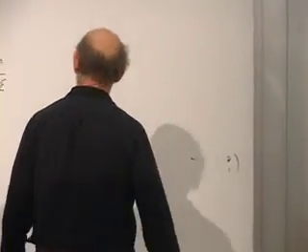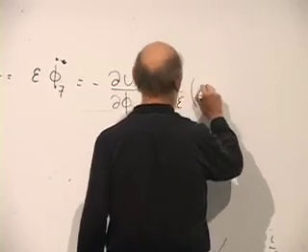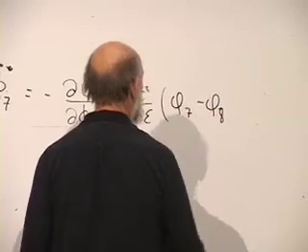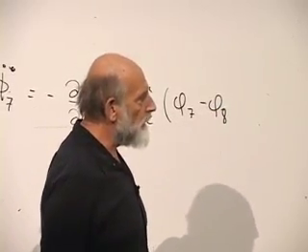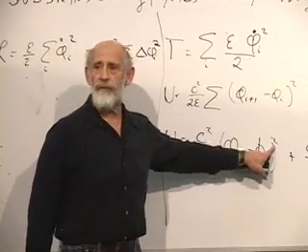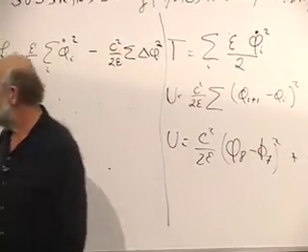Right. So it's phi 7 minus phi 8. No 2. The 2 from down here cancels the 2 when I differentiated. Oh, I have it there. I should have erased it. Good. Thank you.